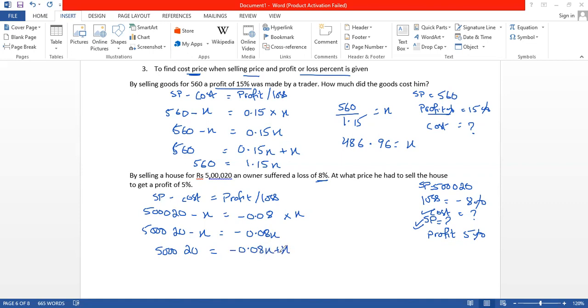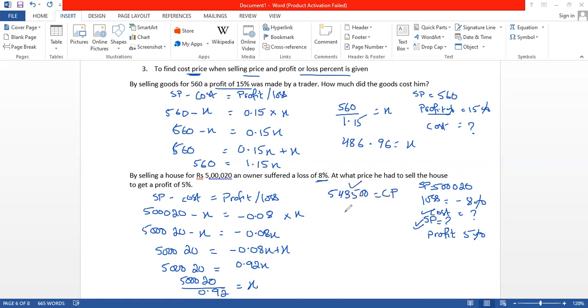So minus 0.08 plus 1 will give you 0.92 X. And this is now multiplying over here, you can divide it by shifting it on the other side. 0.92. So this will become 543,500. So this is your cost price.